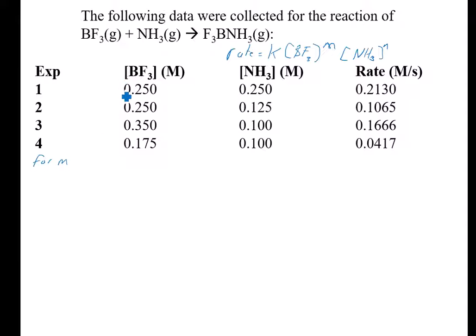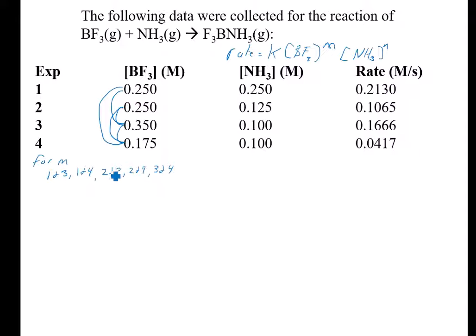If I look at all the combinations that are different, I have 1 and 3, 1 and 4, 2 and 3, 2 and 4, and 3 and 4. These are also different.